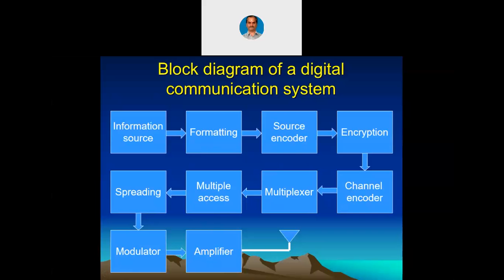But now, what is multiple access? Right now, I am transmitting a signal from my side, whereas many students are accessing the same system. It is a single teacher talking to so many students. That is multiple access.